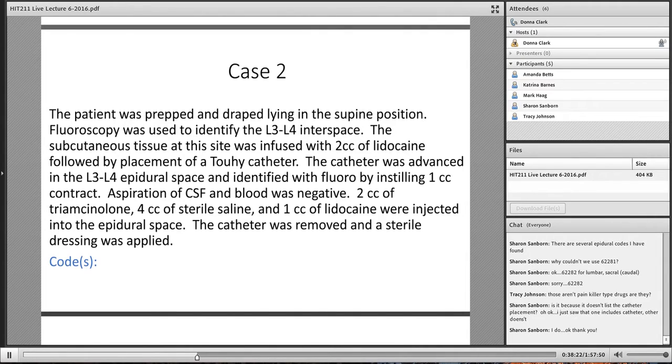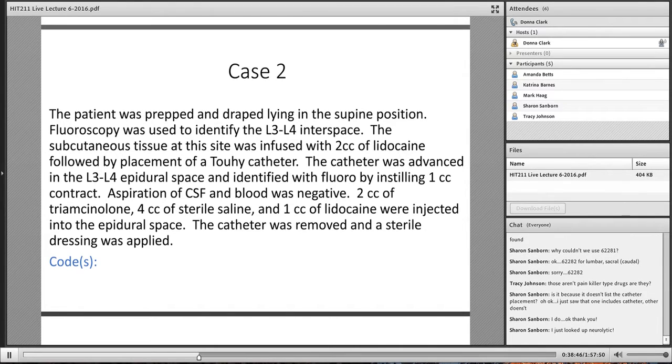Even if you're comparing to see if you need this code or that code, if you don't know what something means, just look it up. The more you do that, your medical terminology and your vocabulary in this area will just continue to grow. So always stop and look it up. That's going to help you.